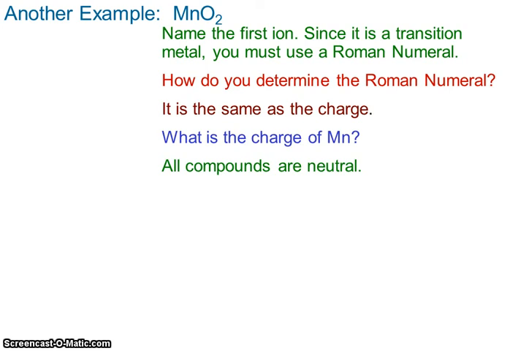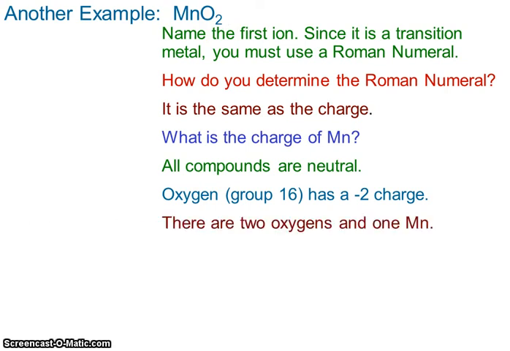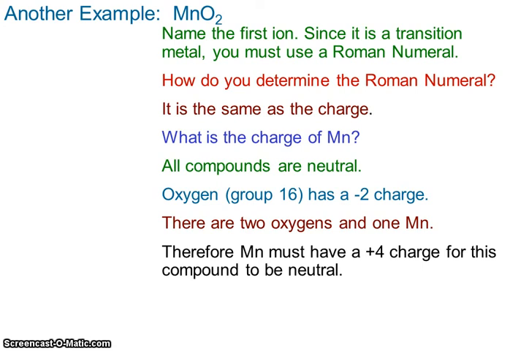All compounds are neutral, and I know that oxygens are -2. That means that if I have 2 oxygens, each with a -2 charge, that I have -4 on the oxygen side. That means that the manganese must be +4. That's the only way it will offset the oxygen charge, and so my name is manganese 4 oxide.